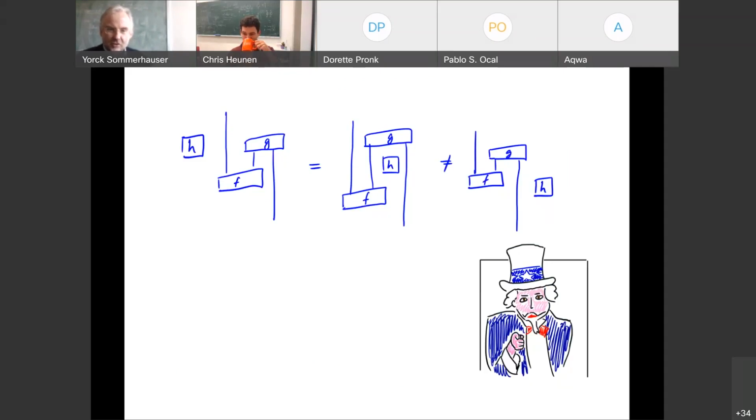Before we do this, you should actually explain what this G means when it ends in nothing, or the F that starts in nothing. What does that mean? Yes, that's a good point. So this box F here, all of the boxes so far had input wires and output wires. This box F, for example, has no input wires.